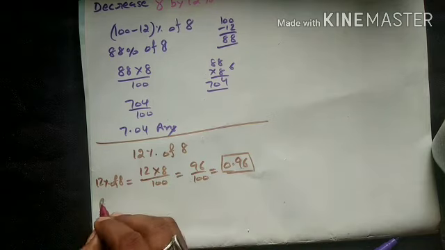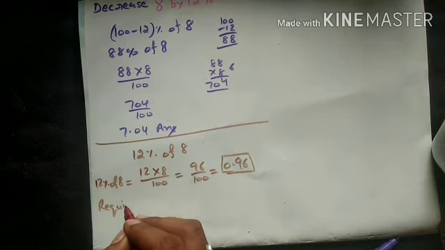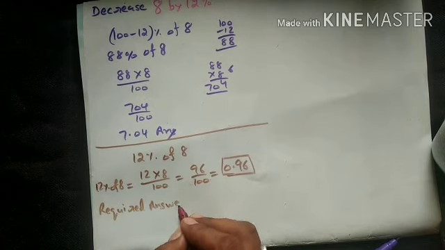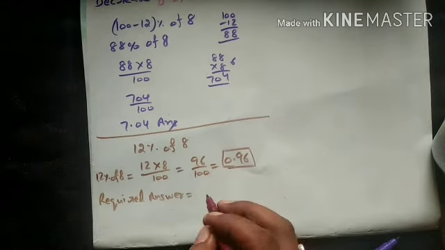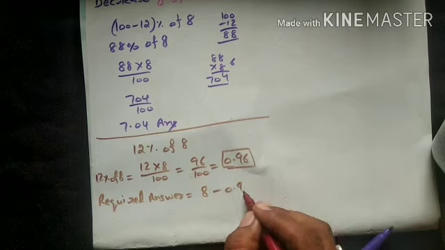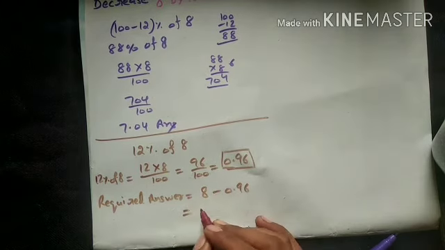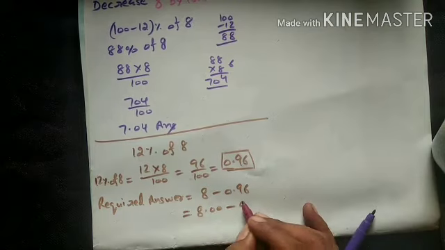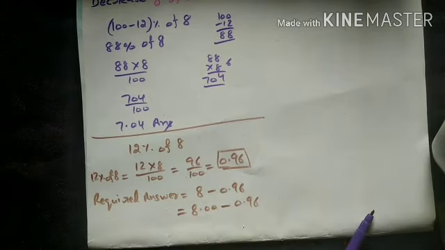Now the required answer is equal to 8 minus 0.96. Now 8.00 minus 0.96.